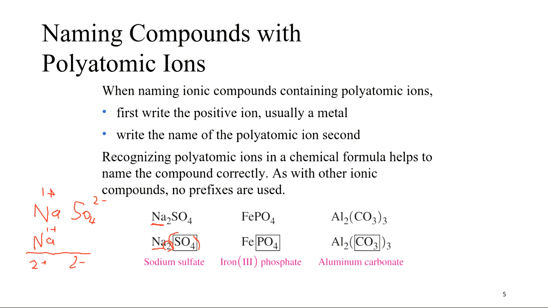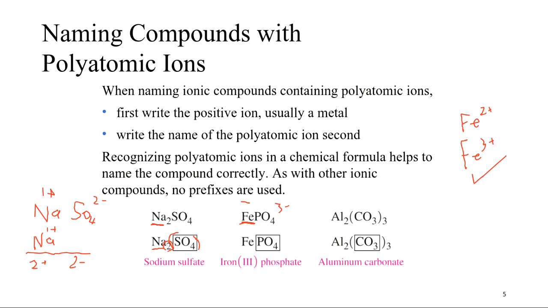Let's have another example. This is the symbol of iron, and iron is located in the periodic table in the transition elements. That means that they may have more than one charge. So the iron may be 2 plus, and maybe it will be 3 plus. And we learned about that before. But in this compound, we are going to use iron 3. The phosphate is 3 minus.